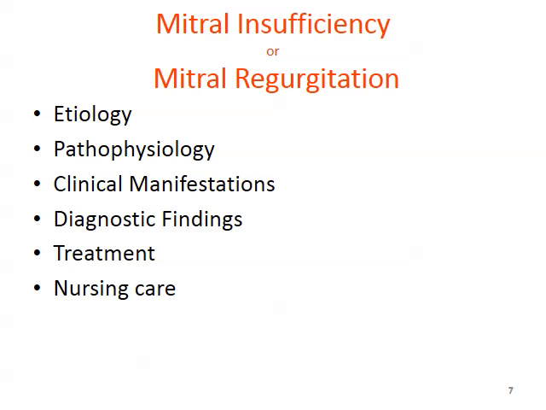Basically, what happens is incomplete closure of the valve allows a backflow of blood into the left atrium when the left ventricle contracts. Now, to compensate for the increased volume and pressure, the left atrium and ventricle dilate and eventually hypertrophy.